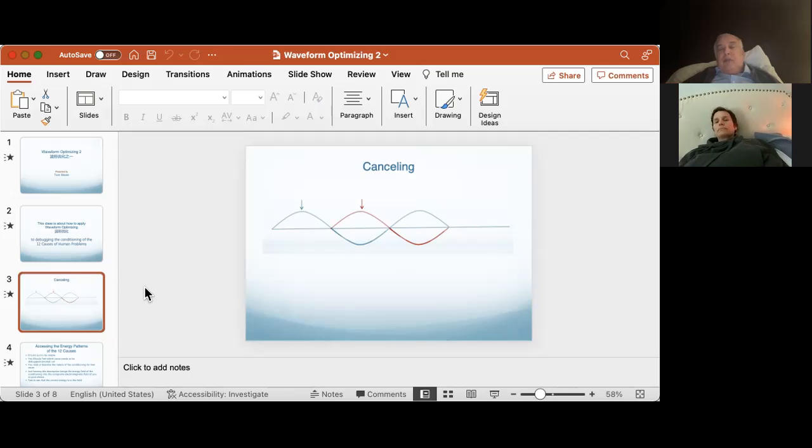So natural phenomena have these complex waveforms, and this guy Fourier figured out how to analyze them and break them down into their component small waves that made them up. It's called Fourier transform or Fourier analysis.